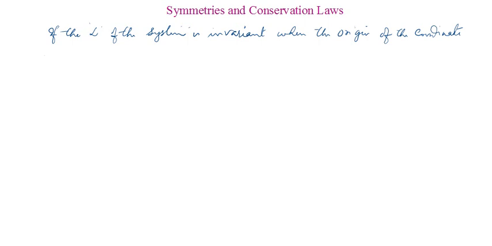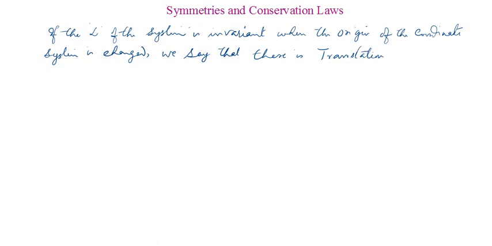If the origin of the coordinate system is changed and the Lagrangian is unaffected, we say that there is what is known as translational invariance. This is the meaning of translational invariance. It is a very common term, and the meaning is quite simple.